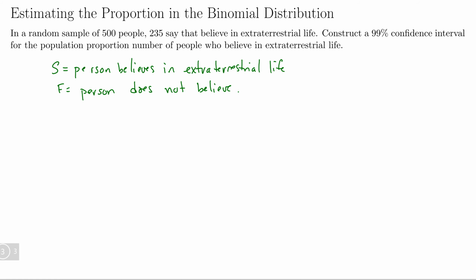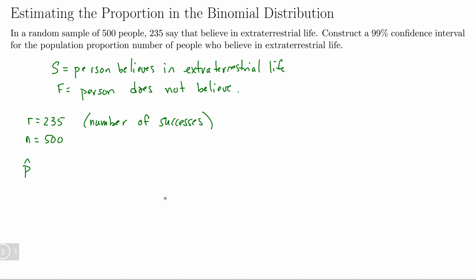In the sample, 235 said that they do believe in extraterrestrial life. This means we got 235 successes out of a total of 500 people. This makes r 235. Remember that r is always the number of successes. In this case, n is 500.